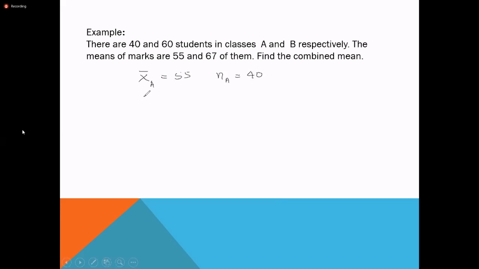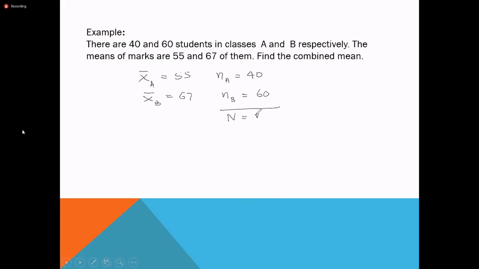If the given information is written like this, the mean of class B students is equal to 67. Their mean is given. And the number of students in the B class is 60. The total number is 100 students, no?